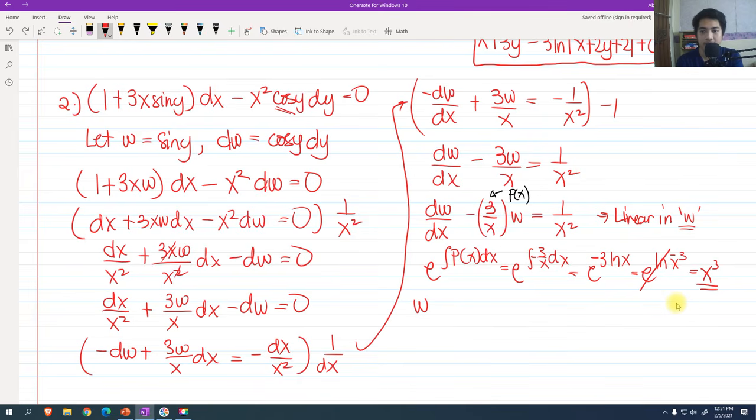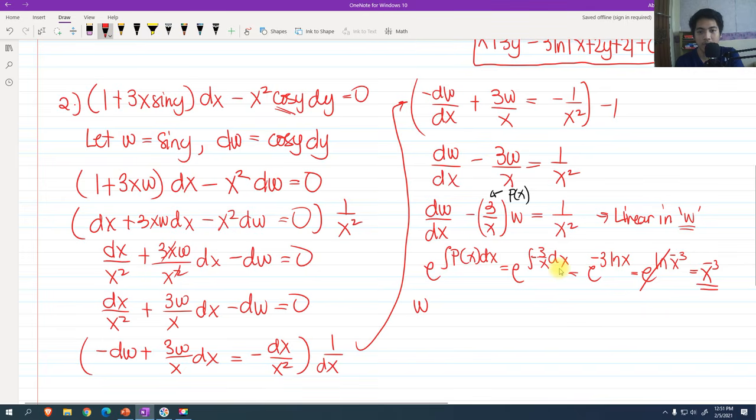So that becomes negative 3 all over x. So I have an integrating factor that is x raised to negative 3. Again, I've just overlooked the negative here. So this should be negative 3 because of this negative here. I should include the sign in the integration or determination of the integrating factor.